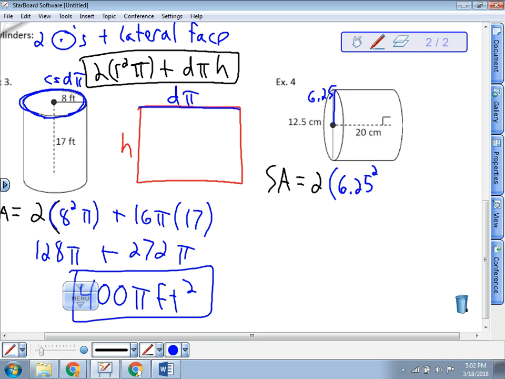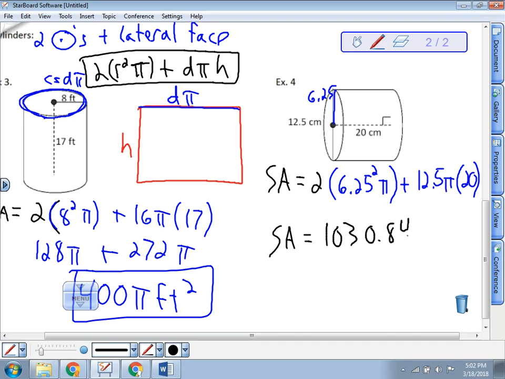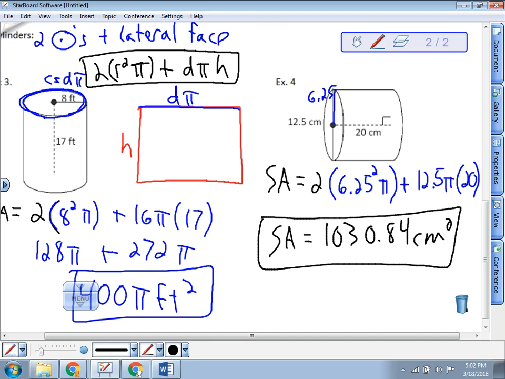So it's 6.25 squared times pi, plus the diameter, which we already know is 12.5, times pi, times the height of 20. Once you know those values, type them in your calculator. It is going to be a decimal: 1,030.84, and that's going to be square centimeters. So surface area is just adding up all the bases and the faces together using our formulas for area of two-dimensional shapes.